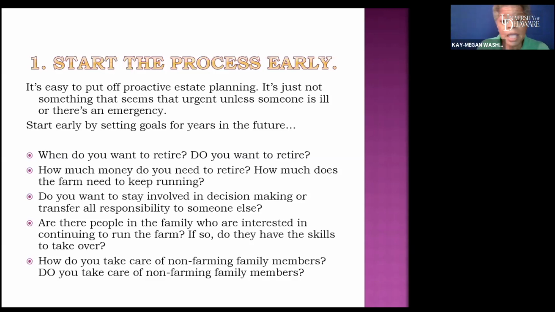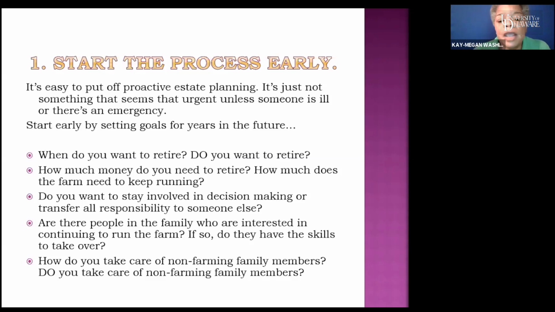And that's fine, as long as when you do drop dead in the field, there is somebody who knows where the books are kept, who knows what equipment is leased and what equipment is owned, who knows what mortgages there are on the land, who knows what gets planted when, what gets harvested when, who to call to service the irrigation equipment. All of that information needs to be available to whoever's going to come behind you. And so that's something that needs to be considered.